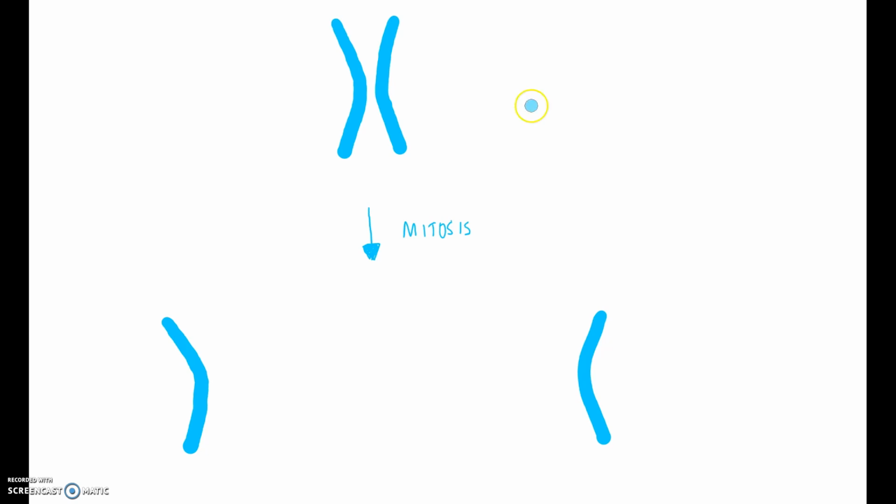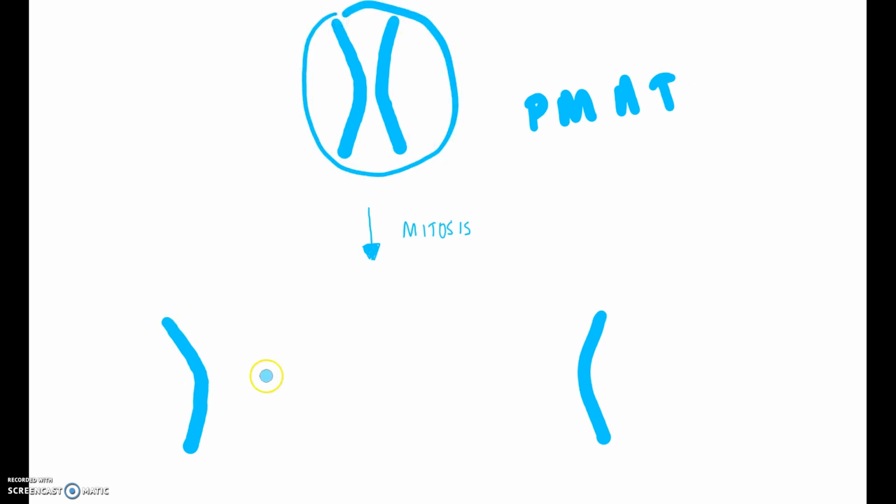So we have prophase, metaphase, anaphase, telophase, and in doing that we go from a complete chromosome here to individual chromatids here and here. Those two cells will now undergo interphase, and in the S phase the DNA replicates, and so these individual chromatids now become complete chromosomes.